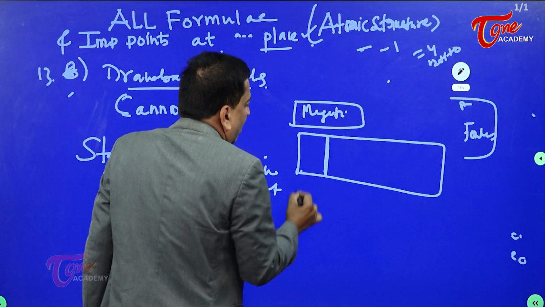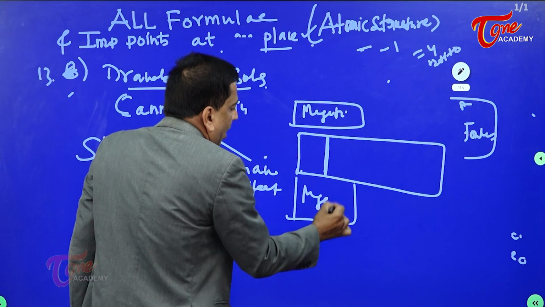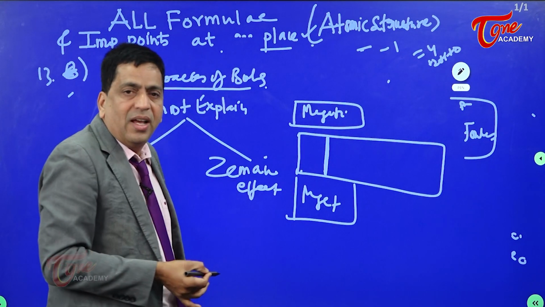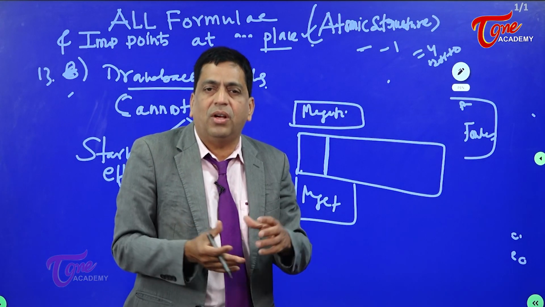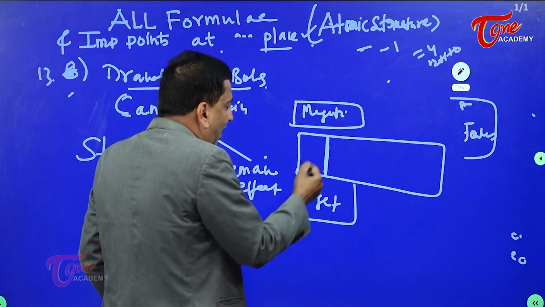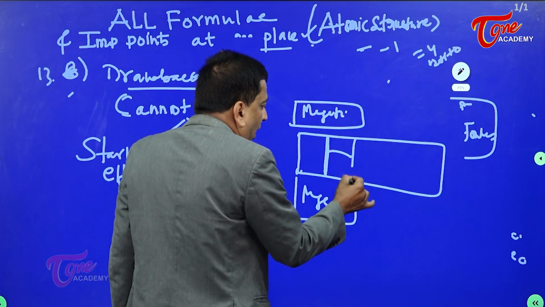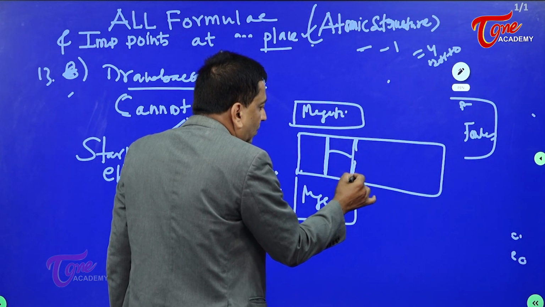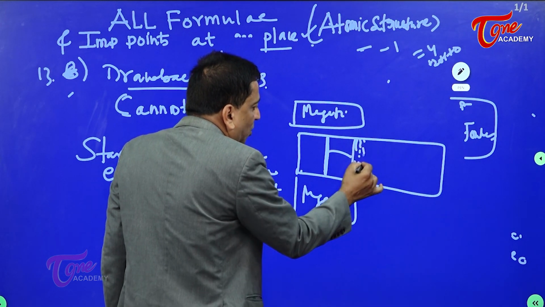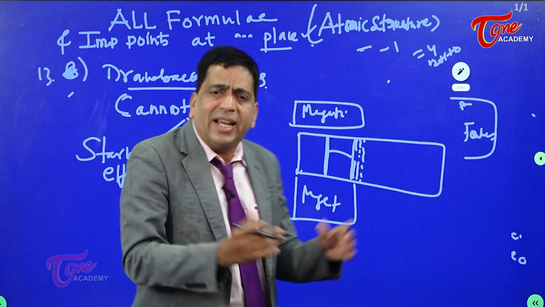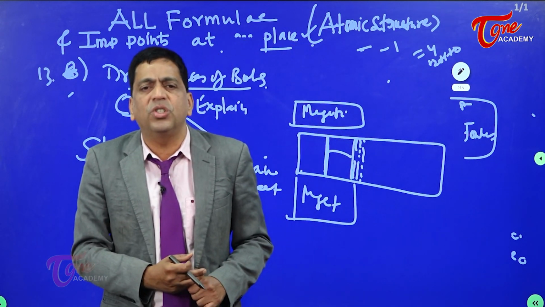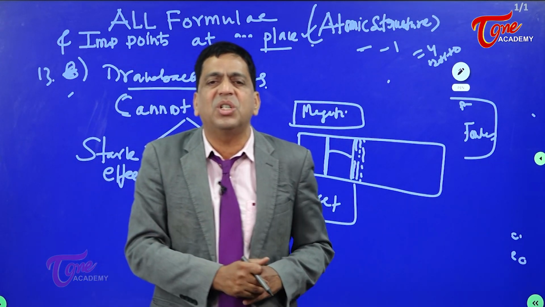Magnetic, and here is another magnet. And when you apply a magnetic field to that spectral line, this line further splits into several lines, indicative of the shell being split into further divisions as subshells.